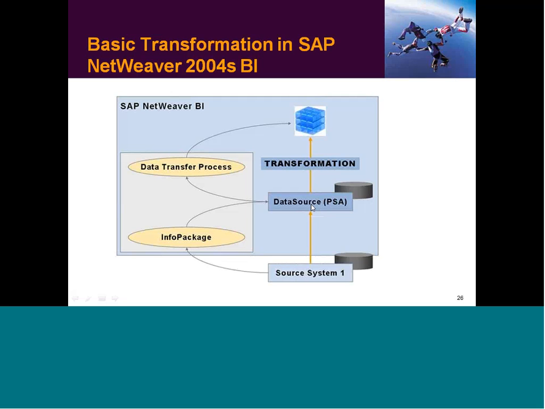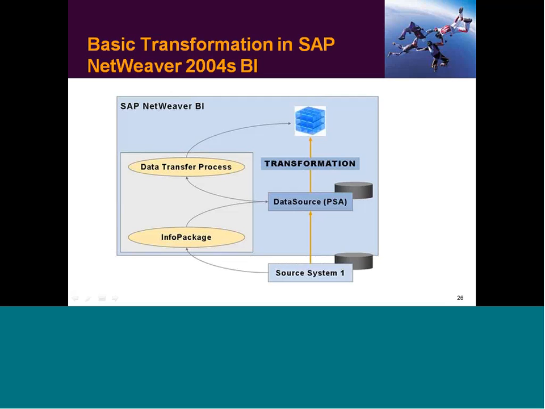Now when you extract the data using the data source, first data will be stored in a temporary storage called PSA. Here you see PSA. Once data is there in PSA you will have data in the raw format. Now you can apply various business rules and then load the data to the target structure with the help of transformation. Then to schedule your data loads, you will make use of info package and DTP.